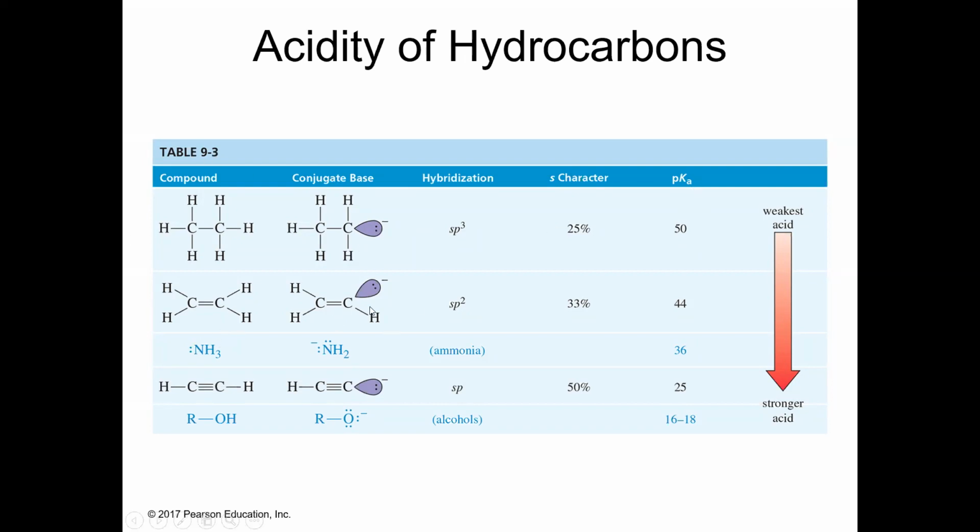Not much difference with the alkene. Its pKa is about 44. And then if we look at the alkyne, its pKa is about 25. So it's significantly more acidic than the alkene or alkane.